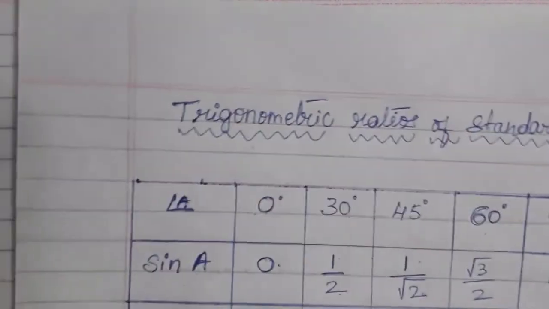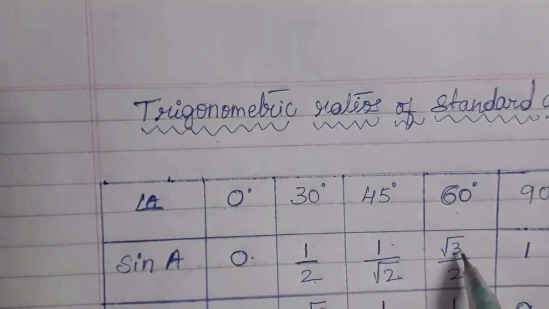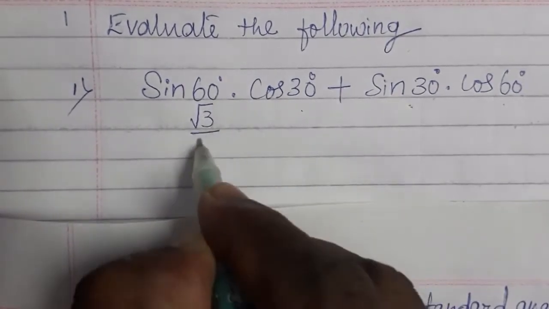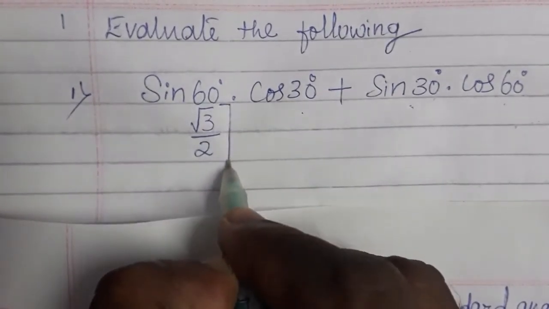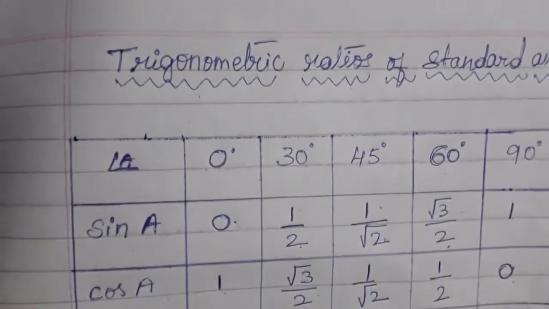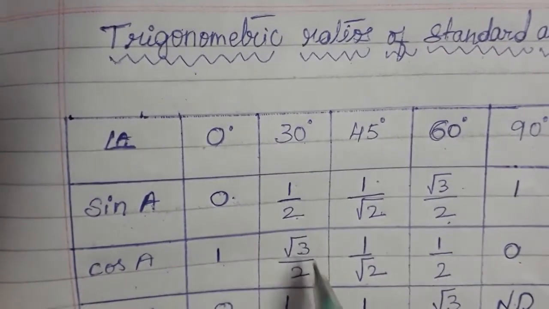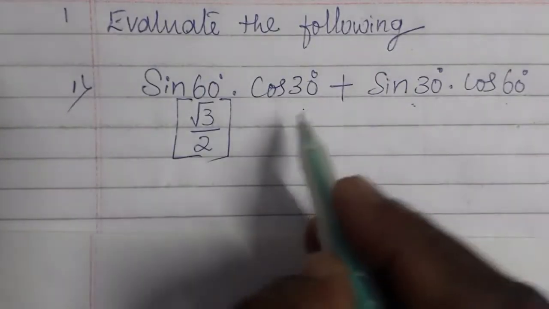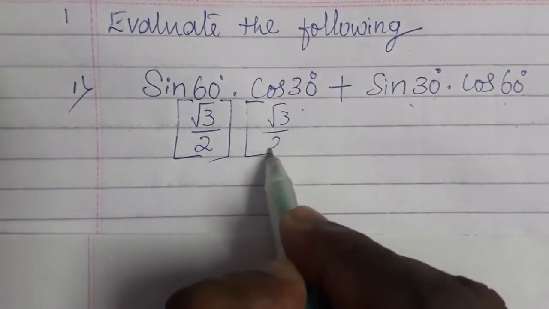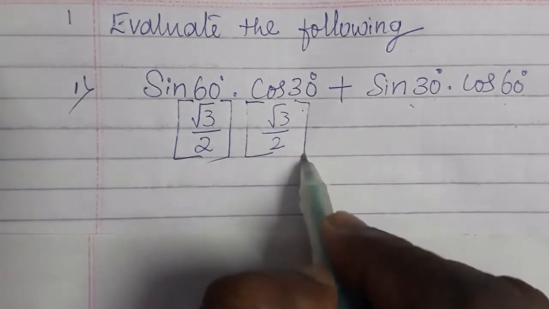What is sin 60? Root 3 by 2. So here I write root 3 by 2 into cos 30. Cos 30 is root 3 by 2. Close the bracket.